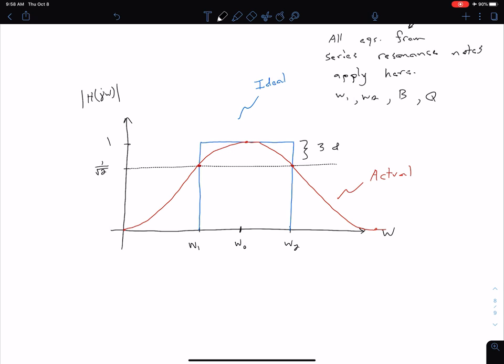For these corner frequencies, omega 1 and omega 2, just like we've seen with our other types of filters, the difference between the ideal filter and the actual filter response at those corner frequencies is 3 dB. That's why you also hear those called 3 dB frequencies.